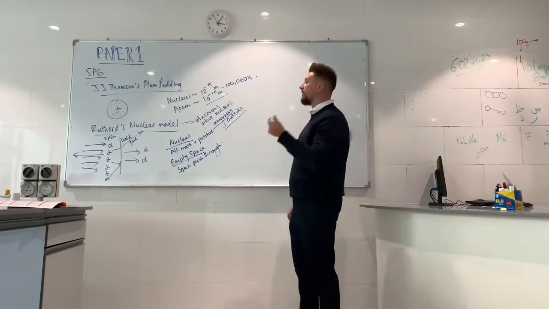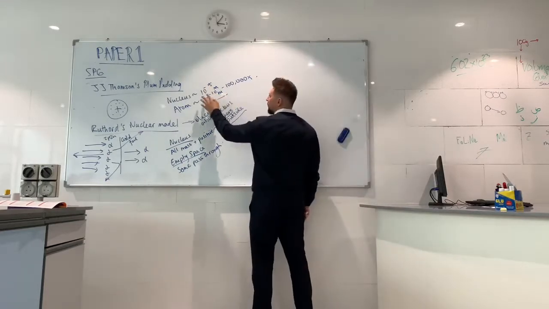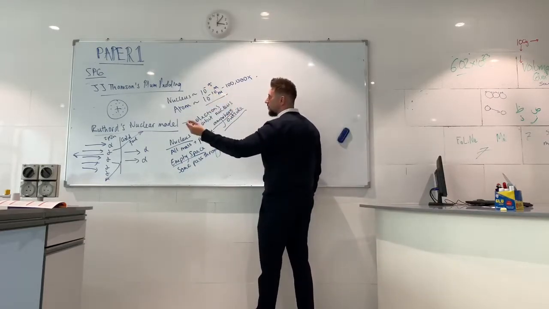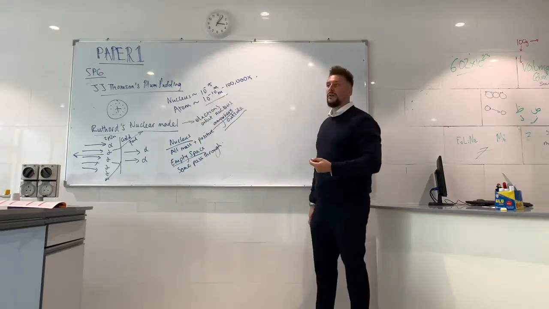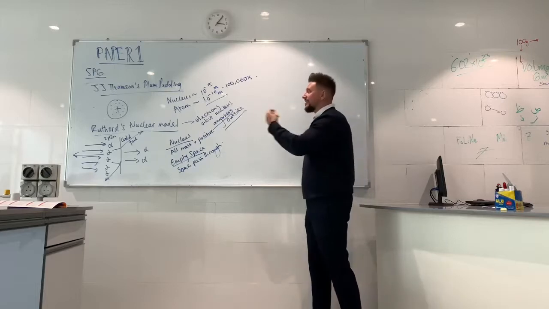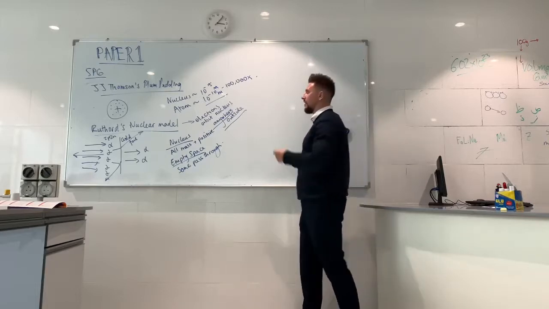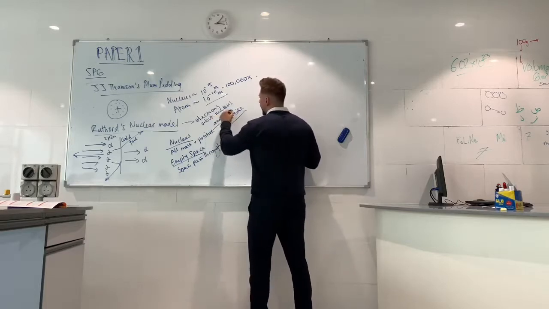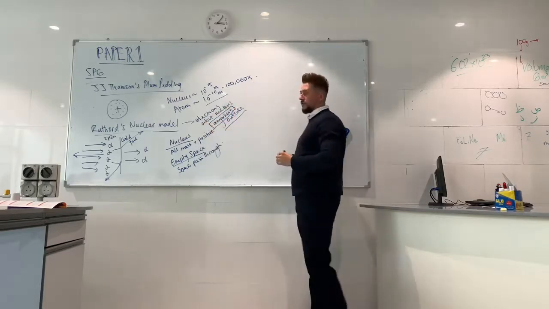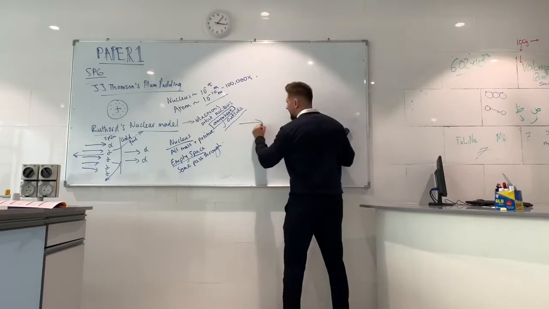It doesn't really matter what that value is, but the order of magnitude: 10 to the minus 15 meters for the nucleus, 10 to the minus 10 meters for the atom. I have seen one-mark questions in the exam where they literally just said, tell me the relative size or approximate size of the nucleus or atom. But he said electrons could orbit around the nucleus anywhere they wanted, in a cloud.